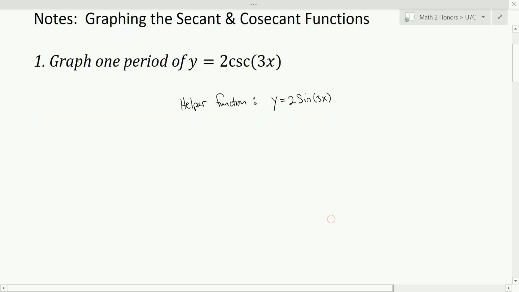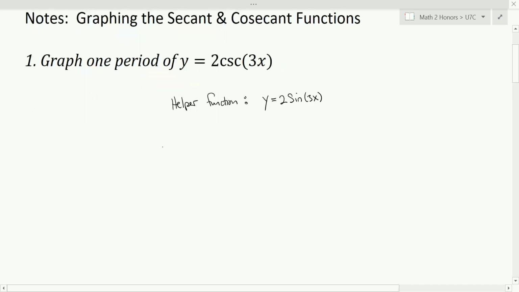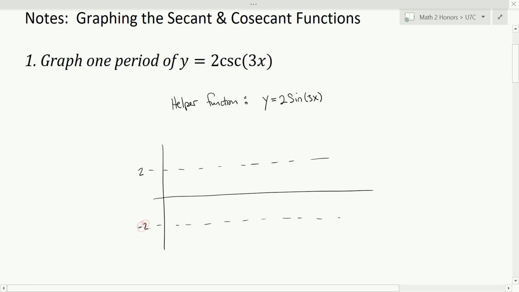And now I'm going to just take time and graph one period of that sine function. So we have its max and its min here at 2 and -2. I'm going to divide the x-axis into 4 equal quadrants and plot one period of the sine function.